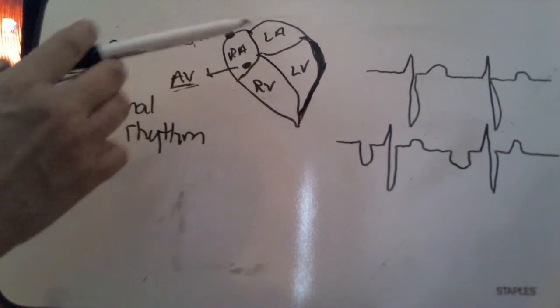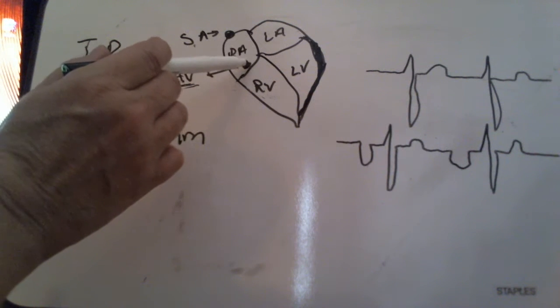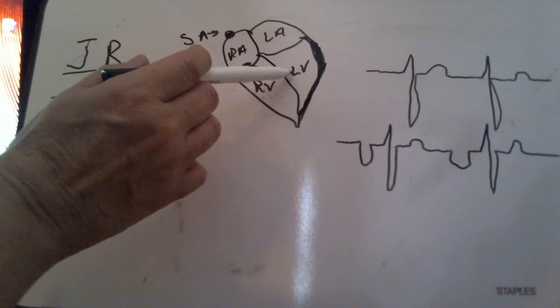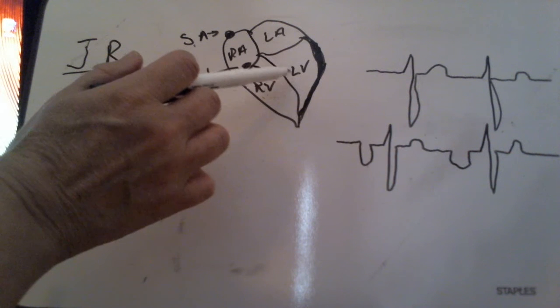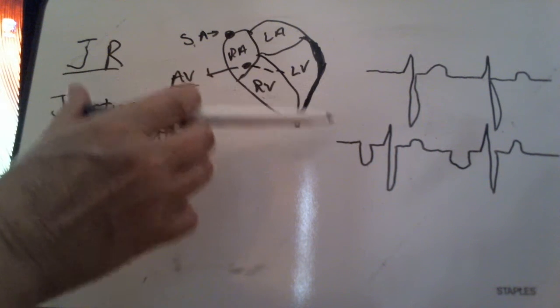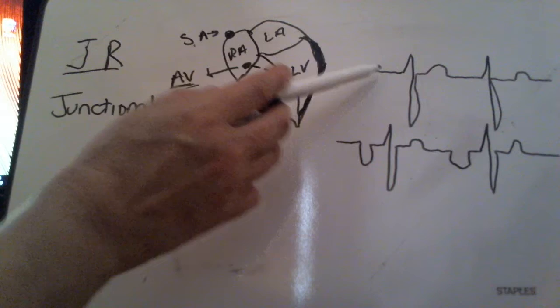What happens is if the AV node fires and the impulse travels down to the bundle of His and then into the right and left bundle branches and then into the Purkinje fibers, you will have no P wave. It'll look like this.